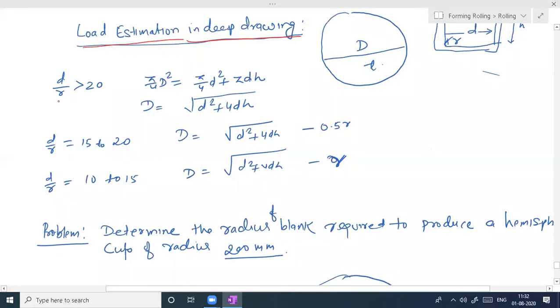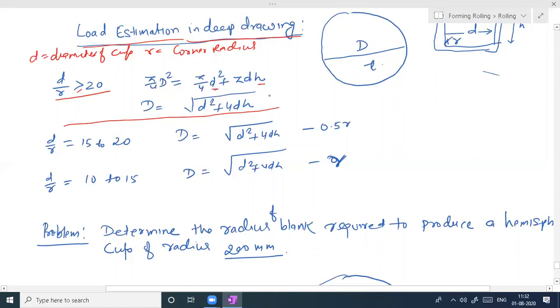So already we discussed when this ratio, where d is your diameter of the cup and r is your corner radius, is greater than or equal to 20, we'll use this relation to find blank diameter. The disc or the blank required to form a cup of diameter d and height h. Then when the d by r ratio is between these values, then we'll use this formula.